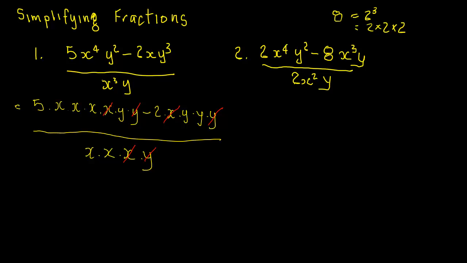So it's now time to collect our terms together. We've done our simplifying, so we have 5x cubed y. It's a simpler way of writing it using the powers, minus 2y squared, all over x to the power of 2.